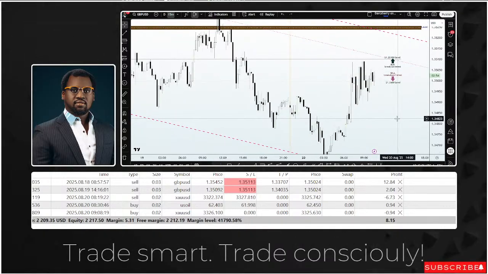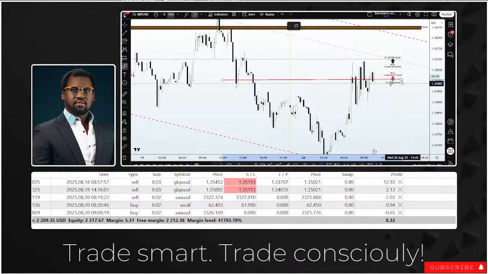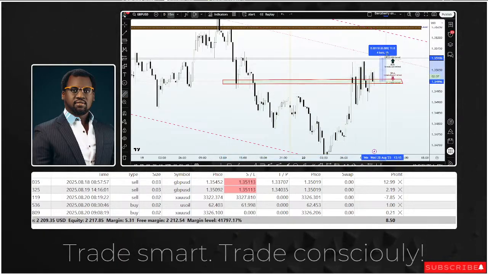And for those of you who are joining us for the first time, who probably missed out on Monday's session, I'm suspecting that selling below the 1.3500 level is looking very reasonable at this point in time, with a stop loss sitting above the descending trend line, or that 1.351. So we are talking about between 10 to 15 pips of stop loss on this one.